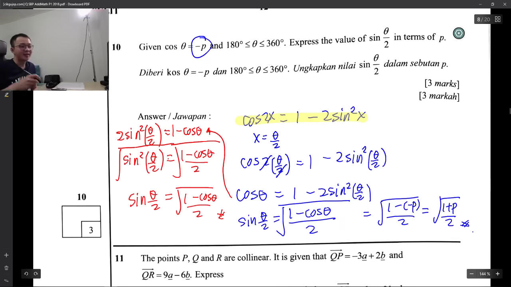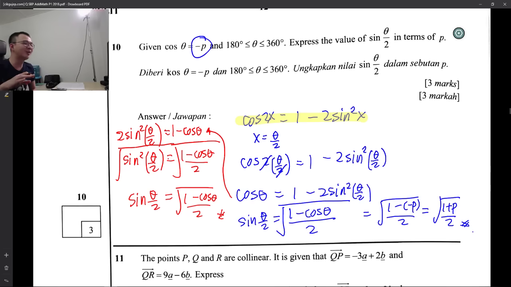Alright. And some students ask me, how do I know I have to use this formula? Because this is the only way to get sine theta over 2. Whenever in your SPM Add Math you see half angle, it always comes from the formula of cos 2x. This is how you get a half angle, because the half angle formula is not given.